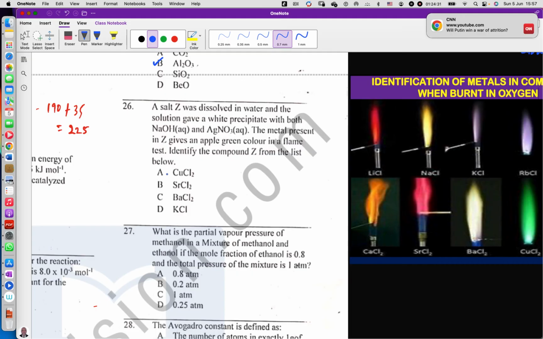Lithium ion will give crimson, sodium ion will give yellow, potassium will give lilac, calcium will give orange red, but copper 2 ion will give apple green. So in that case, our answer is A.